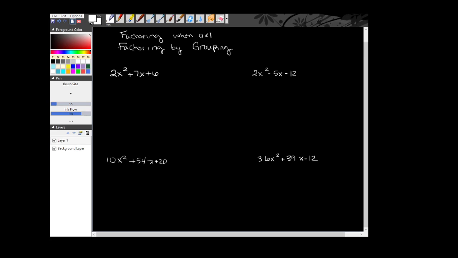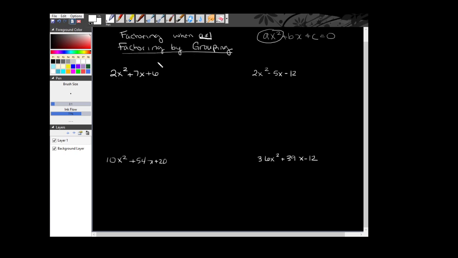I'm going to be teaching you factoring when a is not equal to 1. So when we have the standard form of a quadratic, such as you see here, when this value here is no longer a 1, this method in particular is called factoring by grouping, and it's probably one of the most common methods that is taught in the United States.